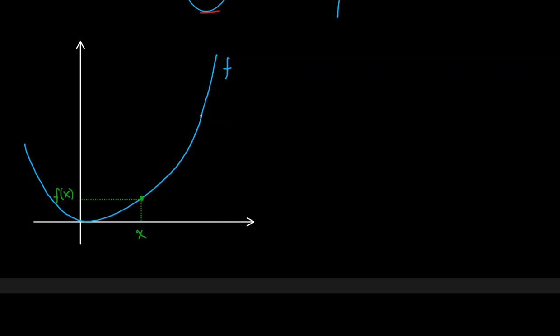Now we take another point on the graph, and we call it x plus h. In this case, h is simply an arbitrary number added to x. And logically, the corresponding output would simply be f of x plus h.